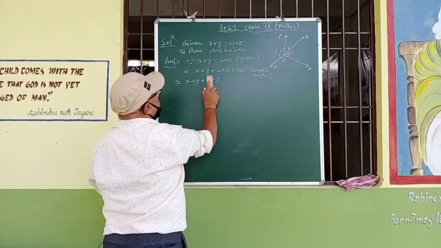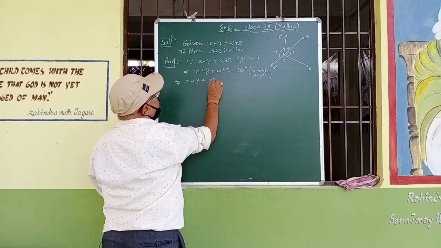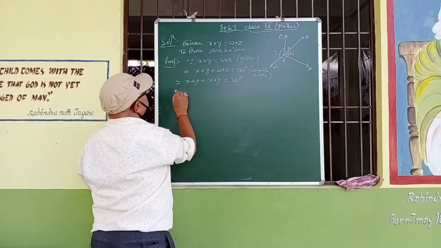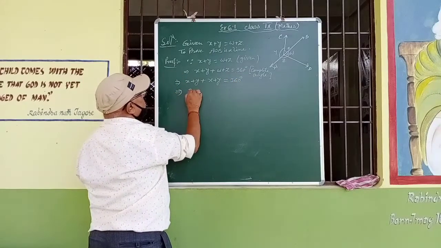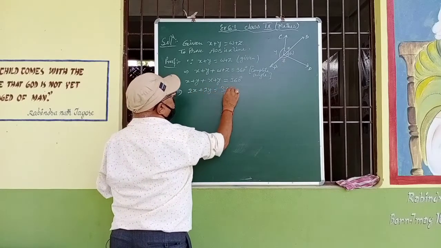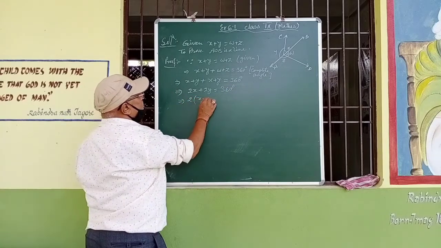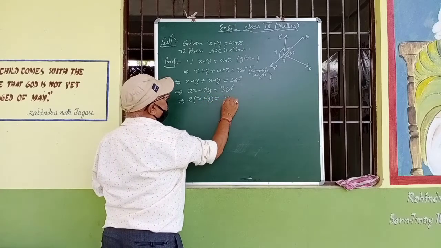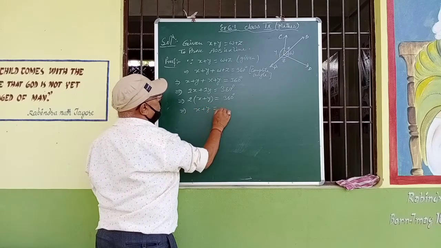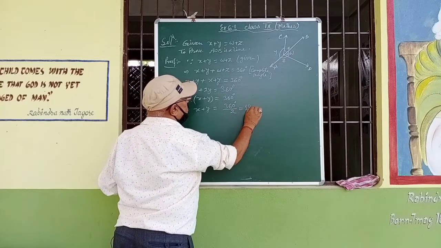x plus y, in place of w plus z we can write x plus y, is equal to 360 degree, or 2x plus 2y is equal to 360 degree, or you take 2 common, x plus y is equal to 360 degree by 2, is equal to 180 degree.